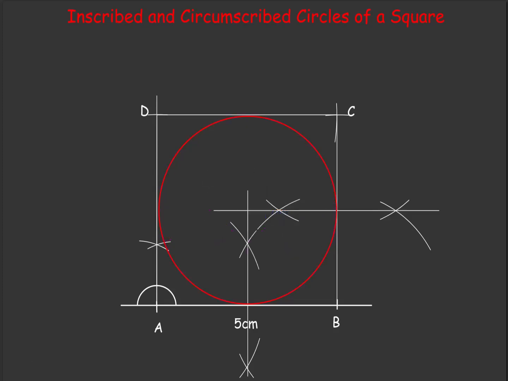So I'm just taking it, and you can see that the circle has been drawn. You see, and this is what we call the inscribed circle. What did we do? We constructed a square and then bisected 2 lines. So we bisected BC and then AB. You see, and then with the point of their intersection, we just draw a circle.